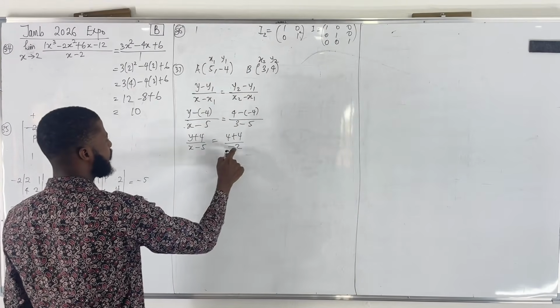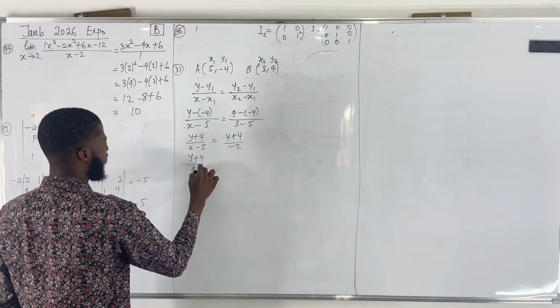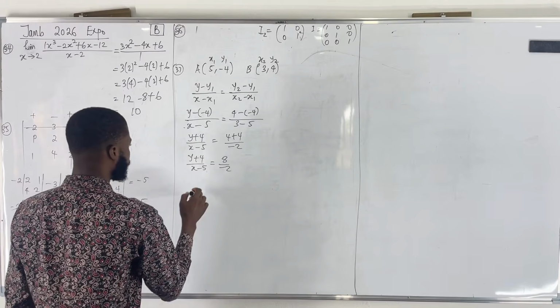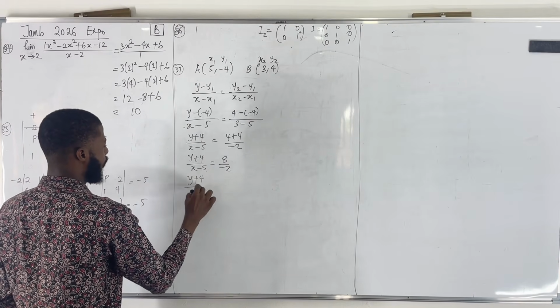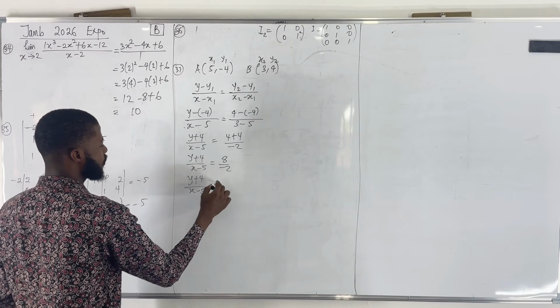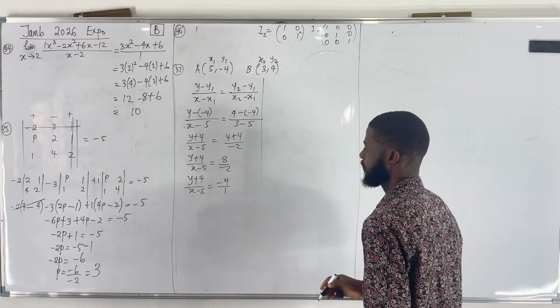3 minus 5 will give minus 2. So this is y plus 4 over x minus 5, equal to 4 plus 4, which is 8, over minus 2. Now this will become y plus 4 over x minus 5 equal 8 divided by minus 2, which is minus 4. Now you can put over 1 here and then you cross multiply.